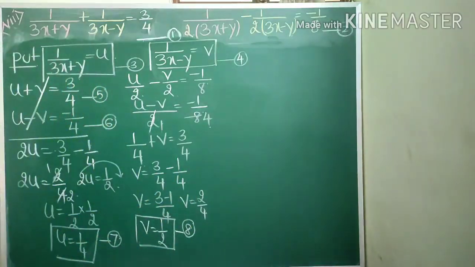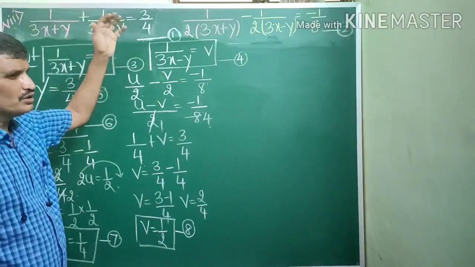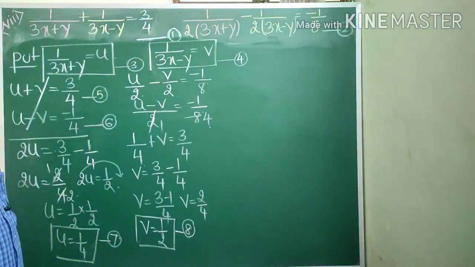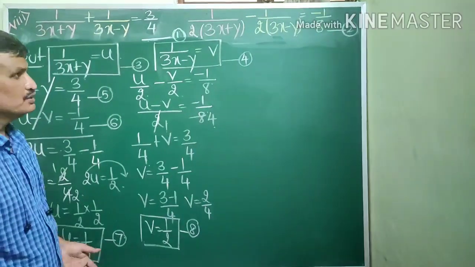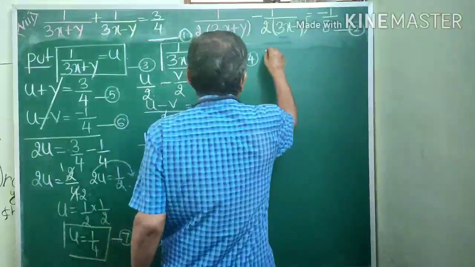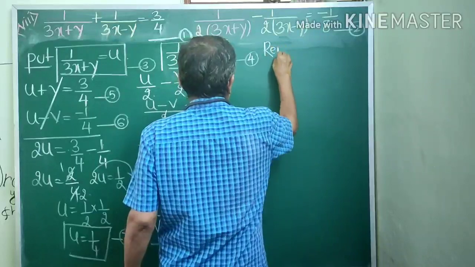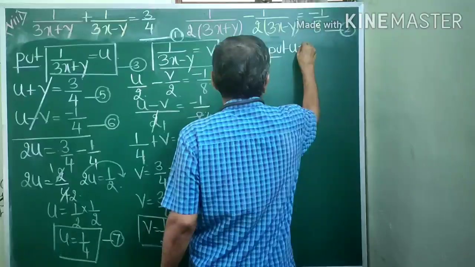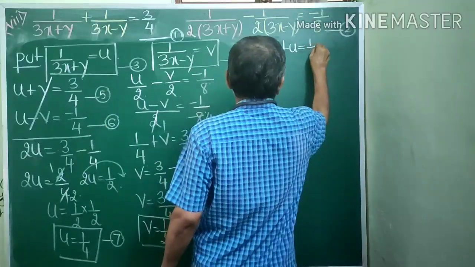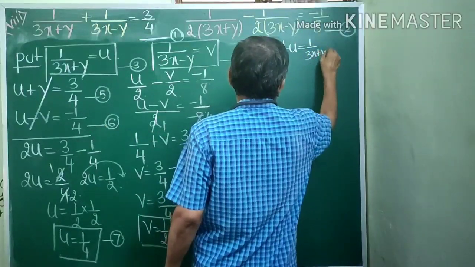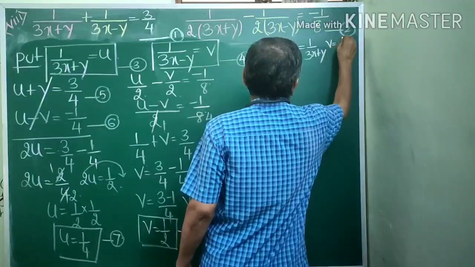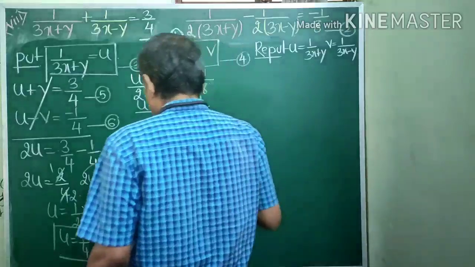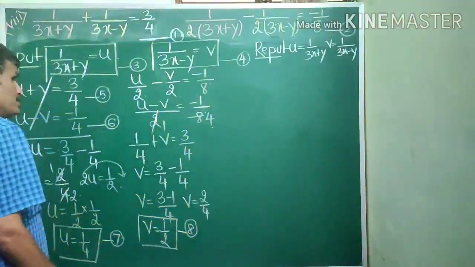Now you will ask, sir, we are supposed to find the values of x and y, whereas you have found the values of u and v. Yes, I'll come to that point. In order to do that, I'll re-put the value of u as 1 by 3x plus y, and the value of v as 1 by 3x minus y in equations 7 and 8.